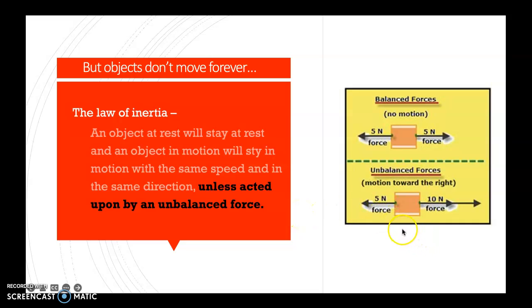But in the real world, more often than not, forces are not balanced, meaning there's going to be something that's going to counteract motion. Balanced forces can mean no motion, but if an object is moving at a constant speed or constant velocity, it is also going to have balanced forces. That's very crucial to understand: balanced forces can mean no motion or constant motion.